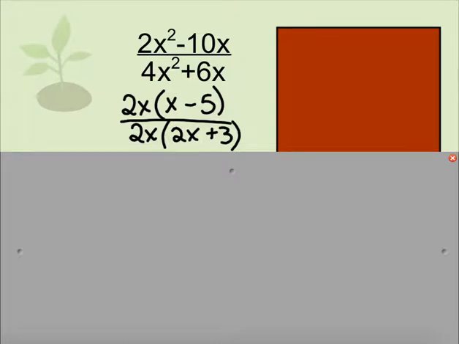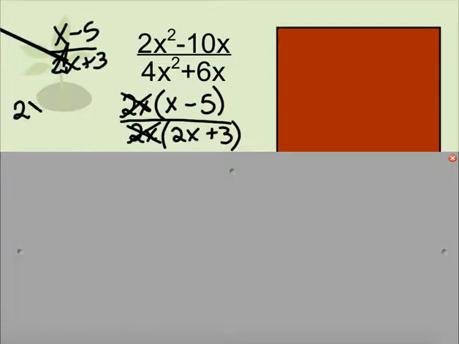Remember, if you don't remember how to factor, go back to that lesson and reteach yourself. But when we look at this, I have a factor of 2x and x minus 5, and then a factor of 2x and 2x plus 3, which means these 2x's can cross out and simplify. And so I'm left with x minus 5 over 2x plus 3.